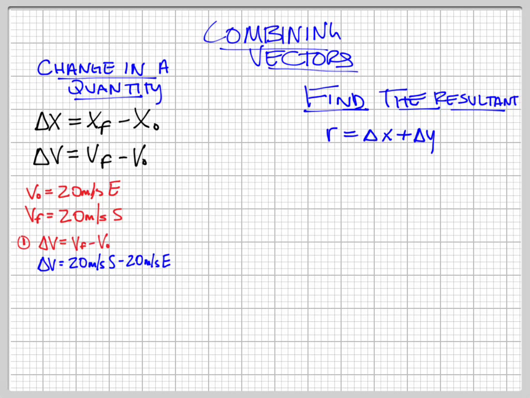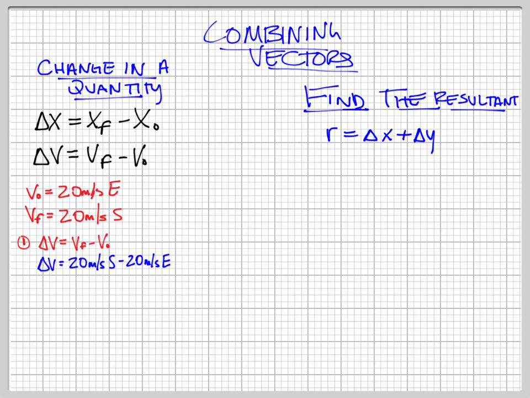Now, when we're looking at this, we can't just say 20 minus 20 is 0. That's not allowed. Because I can't just add something that's south and add something that's east. It doesn't work that way. I have to do that weird triangle math when we do things like that.